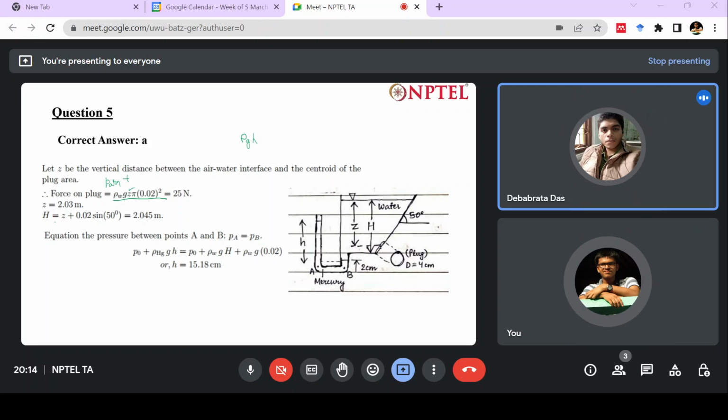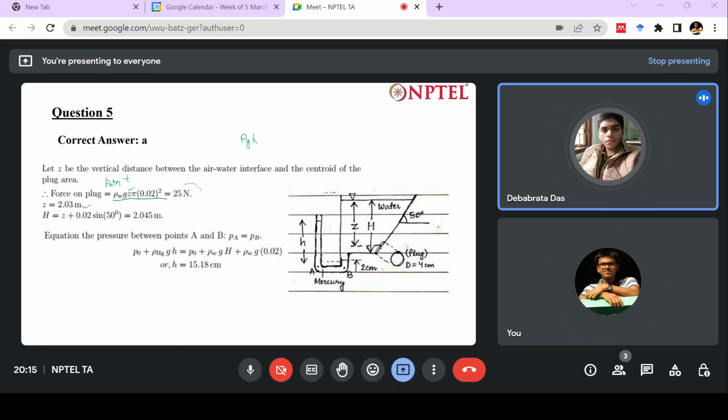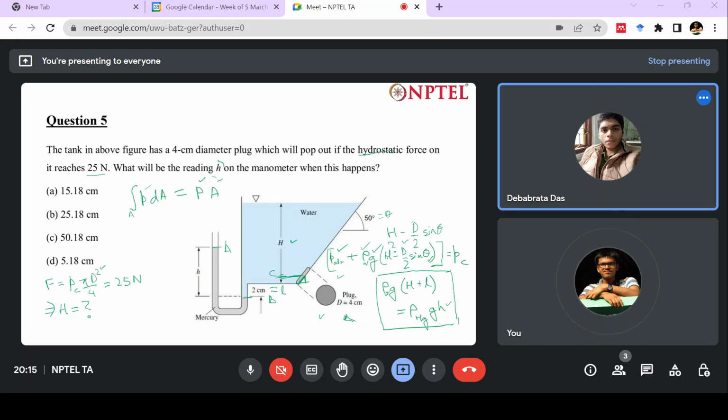They have calculated Z as 2.03. I don't know from where they got this. Oh, yeah, by equating this. So Z they have calculated from here, and H they have calculated from this Z. That's what we had done as well.